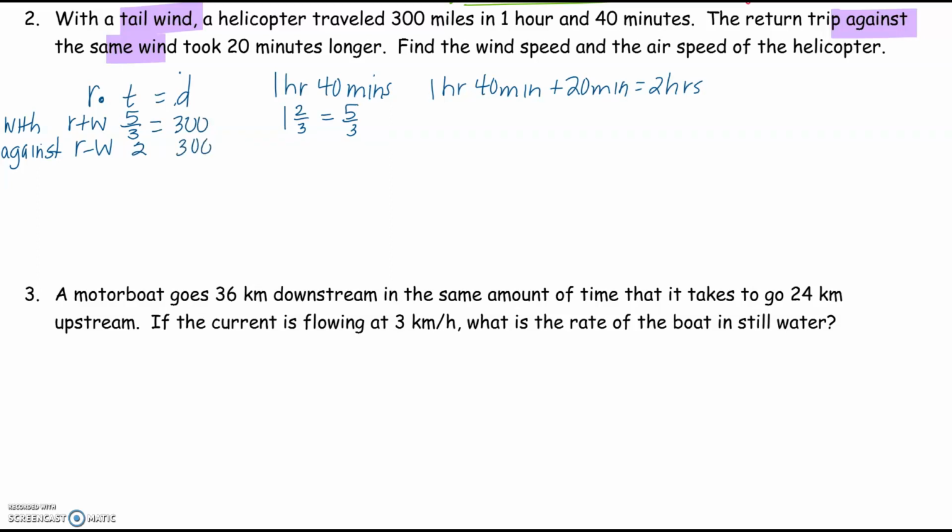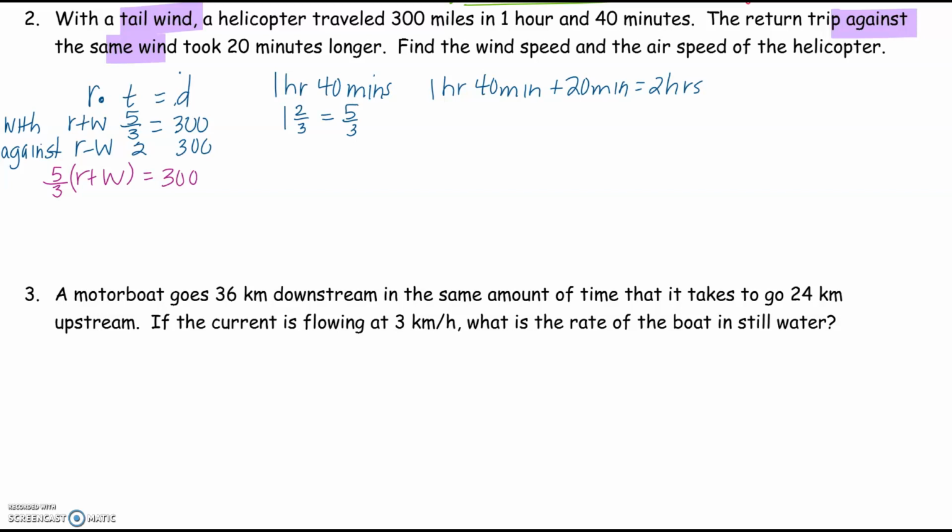Okay, we're going to do the same thing again. We're going to take these equations and convert them so that we can use elimination or substitution. So I'm going to take R plus W and multiply it by 5/3. It's my distance equation going with the wind, equals 300. Well, first, we're going to have to get rid of the 5/3.